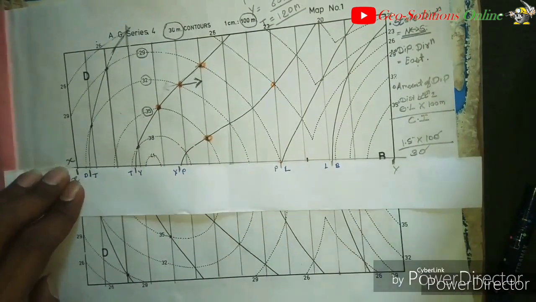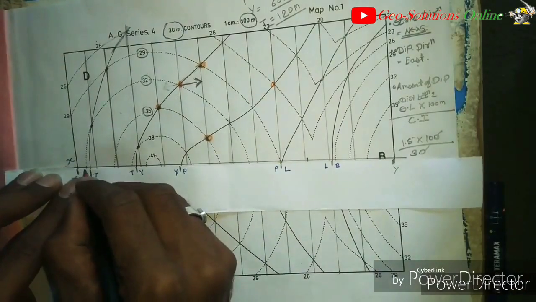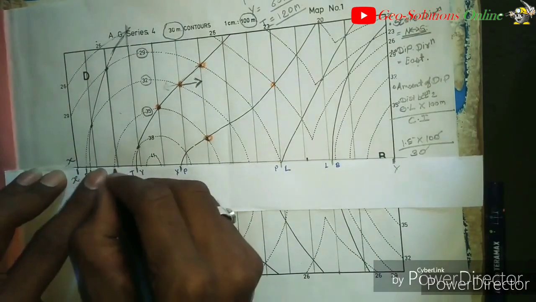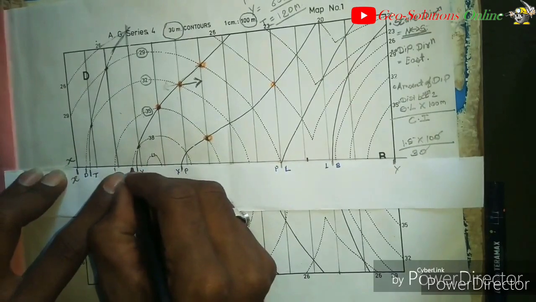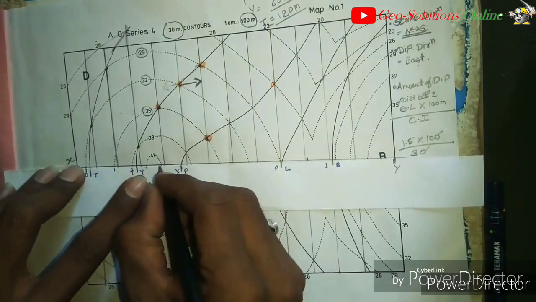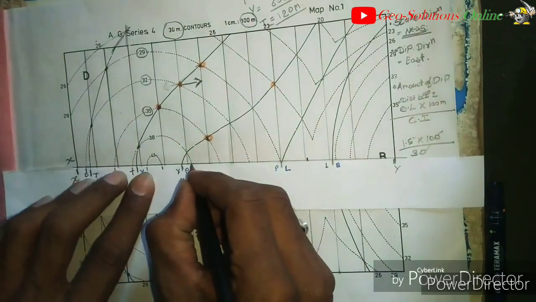I have already plotted the XY points and all the junction points. Now we have to plot the contour lines. You can use different color pencils or pens to avoid confusion.